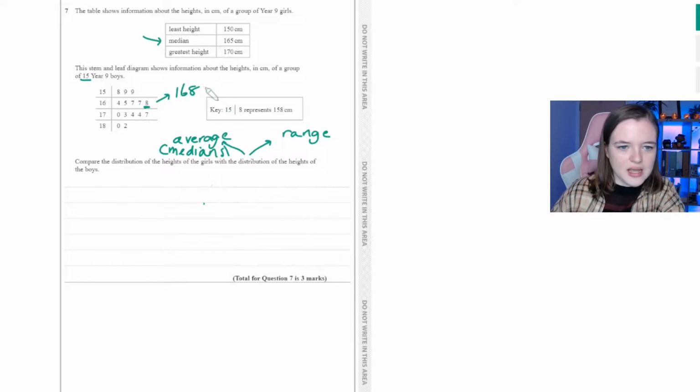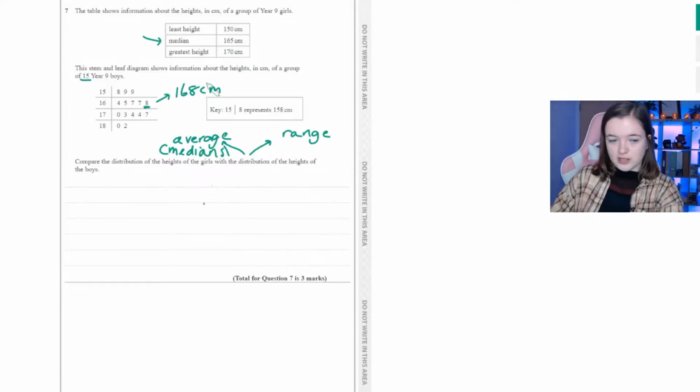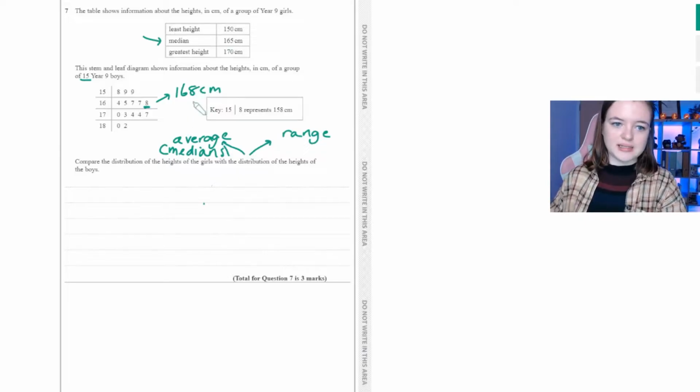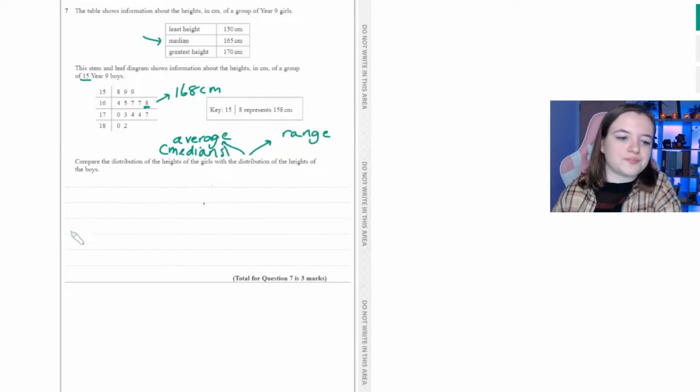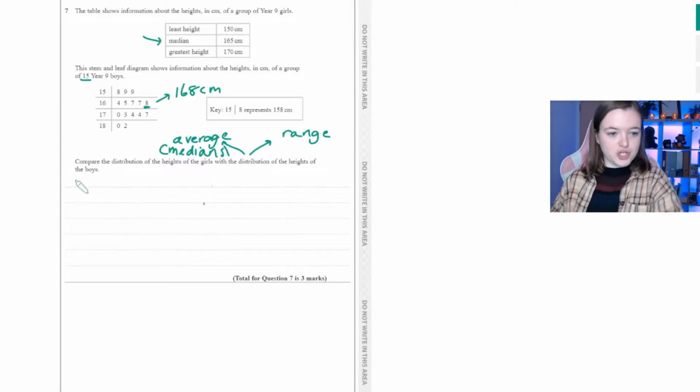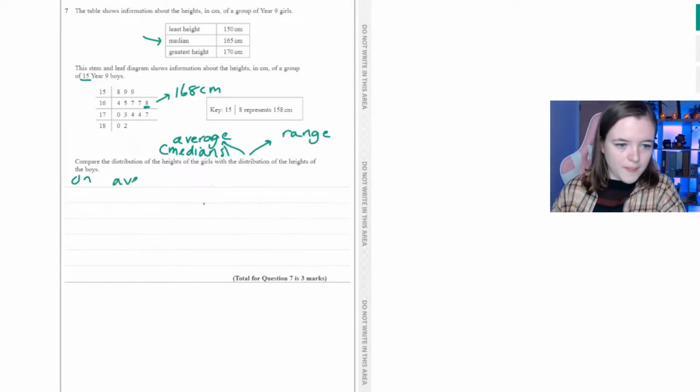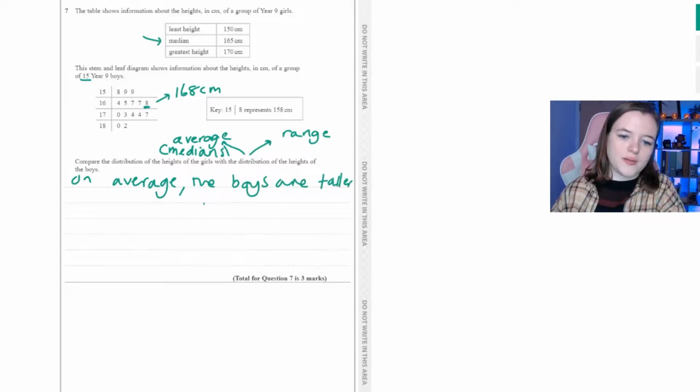So as you can see, the median is a little bit higher for the boys than it is for the girls. So the boys, much like real life, tend to be a little bit taller in this study as in real life. So what I'm going to put is: on average, the boys are taller than the girls.